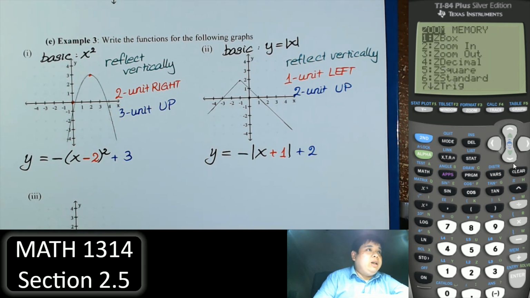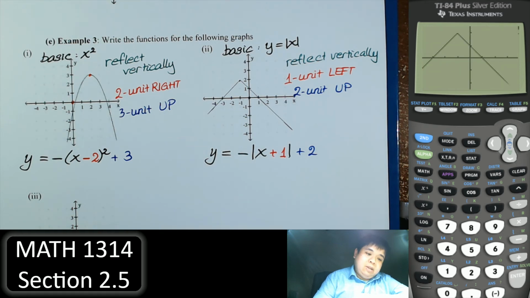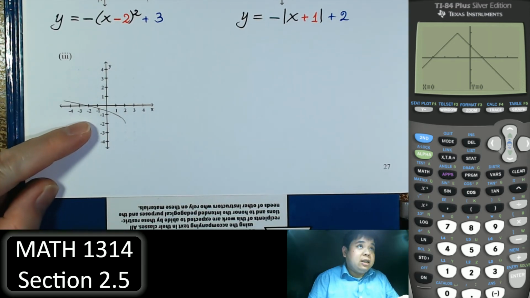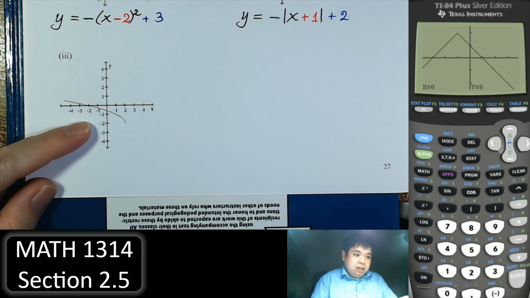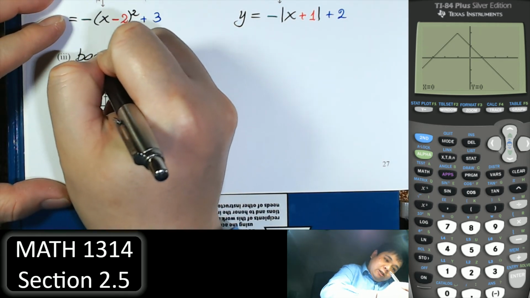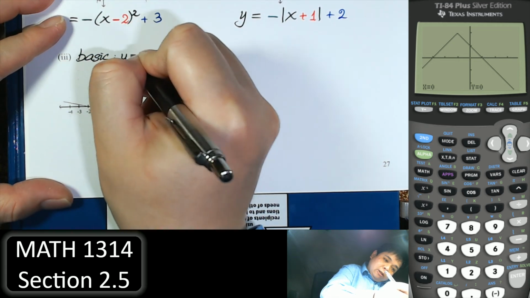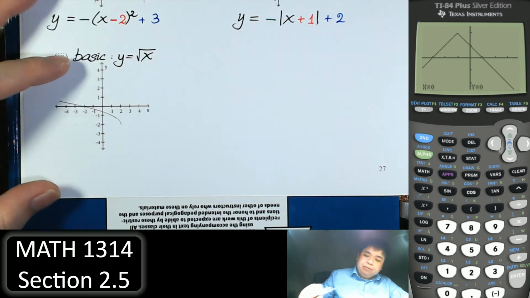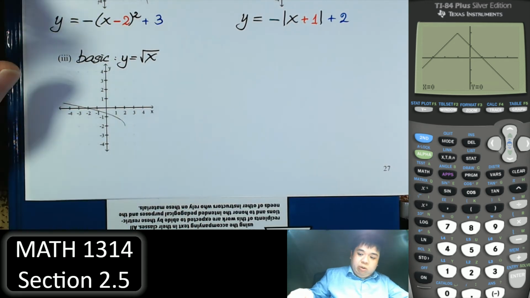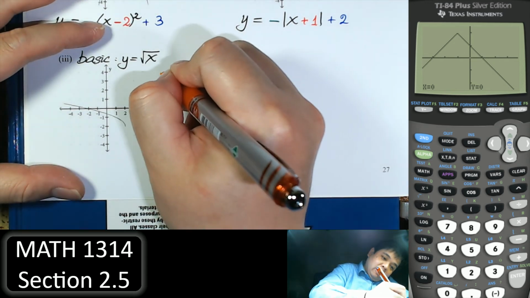If you want to zoom in, yeah, that works. Right, next, what we have here is the shape of the square root. Right, but square root goes like that. So we have a reflect horizontally.